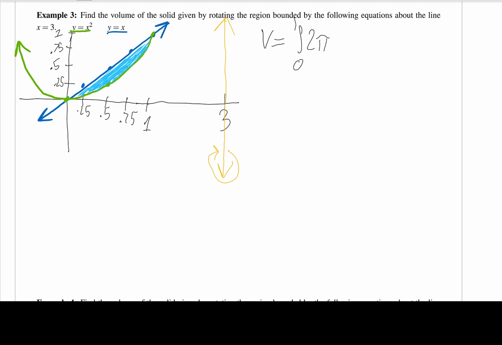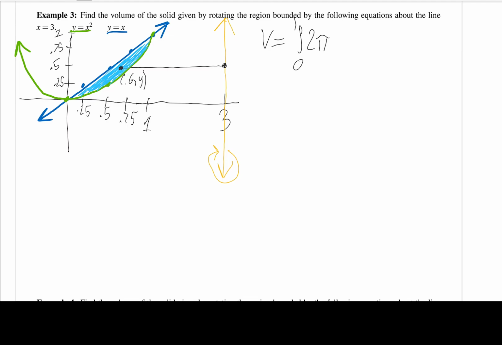So now notice that if I take a point in this region, say something like 0.6 comma whatever the y value is, then the distance from this point to this line would be 2.4. And the way I get that is by doing 3 minus 0.6.